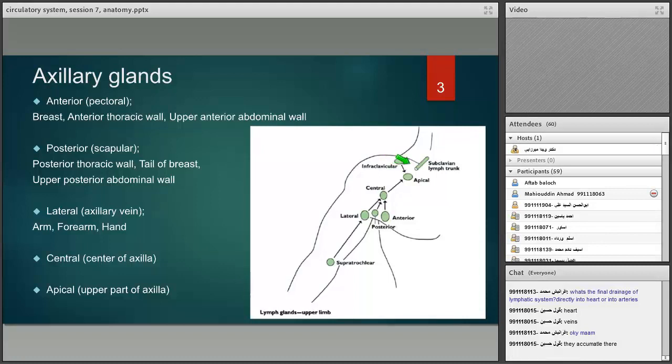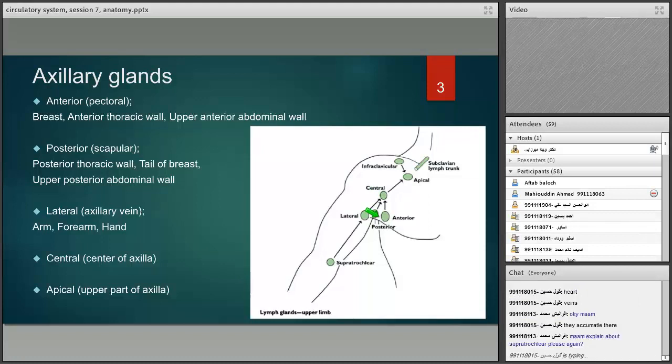And after that, they are draining into subclavian lymph trunk. So, if, for example, we have cancer in the breast, the clinician has to search the axillary glands, and also they have to see, for example, where is the metastasis of the cancer.